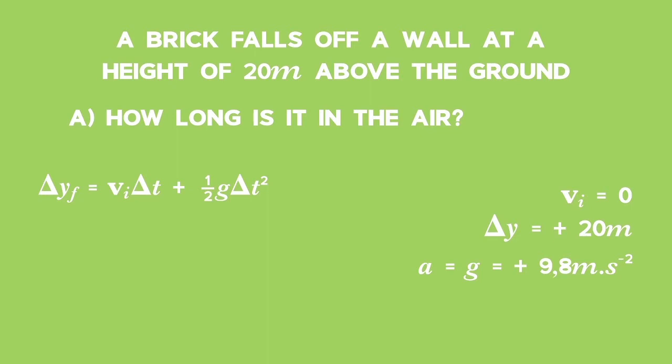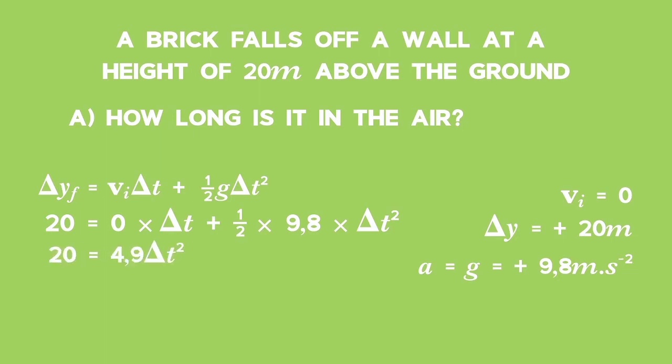Substituting in the values, 20 equals 0 plus a half times 9,8 times change in time squared. You then work out half times 9,8, which gives you 4,9. To get time on its own, you divide, so 20 divided by 4,9 is 4,082. Taking the square root, you get the answer of 2,02 seconds.